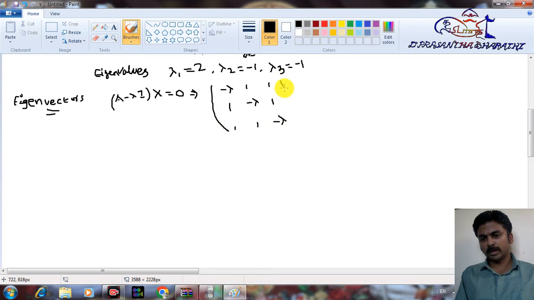So this matrix is called A minus lambda I, and here x is given by x1, x2 and x3 equal to 0, 0 and 0.